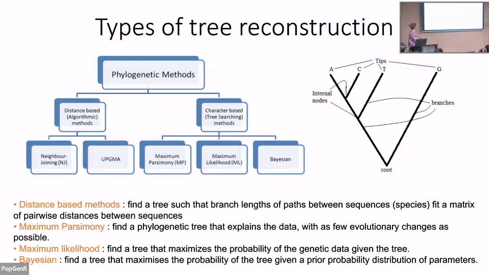Largely, people have moved towards using maximum likelihood and Bayesian, where you're using information around a nucleotide substitution model, and given your data, you estimate a likelihood of the tree given the data and the model. And then Bayesian is just an extension of this, where you have a prior probability of parameters and you estimate the most likely tree, and I'll talk through some of those methods.